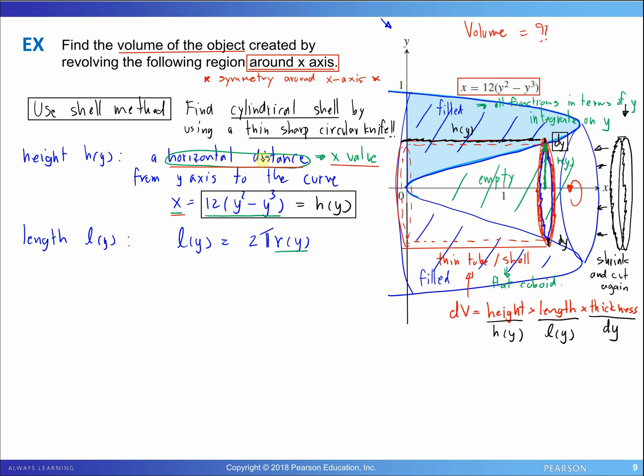From this, we know that the radius r of y corresponds to a vertical distance from x-axis to the curve.